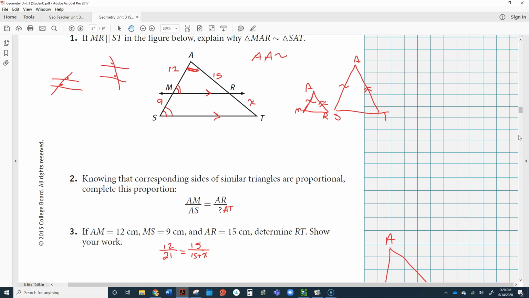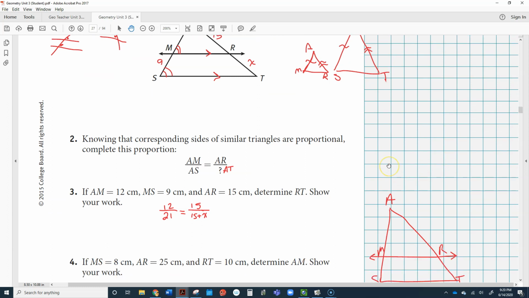I'm an algebra teacher. So now we would solve this by cross multiplying, and we would say 12 times 15 plus X is equal to 21 times 15. Then we have to distribute this 12. So 12 times 15 is 180 plus 12x, and that's equal to 21 times 15, which is 315.